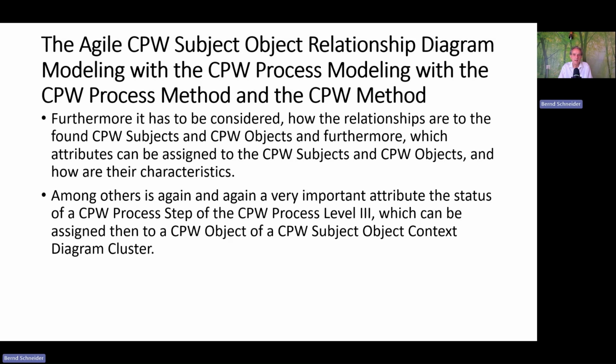Among others, again and again a very important attribute is the status of a CPW process step of the CPW process level 3, which can then be assigned to a CPW object of a CPW subject object context diagram cluster.